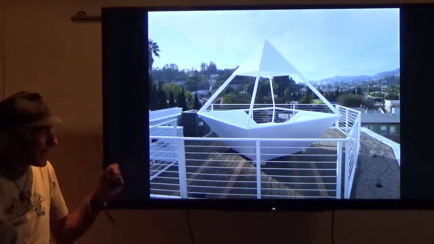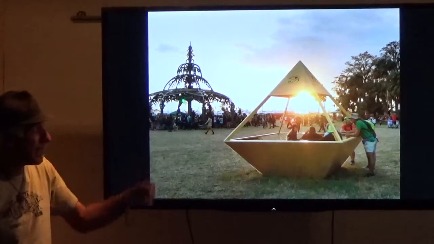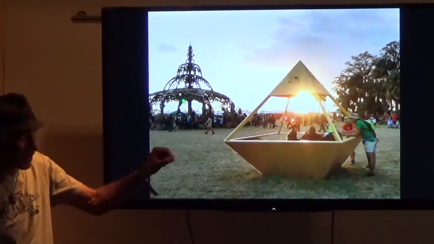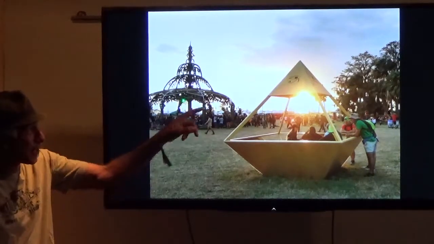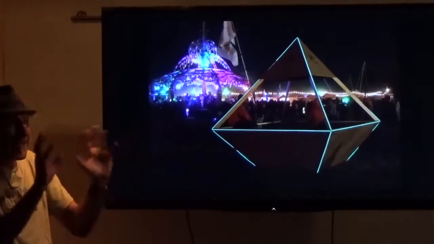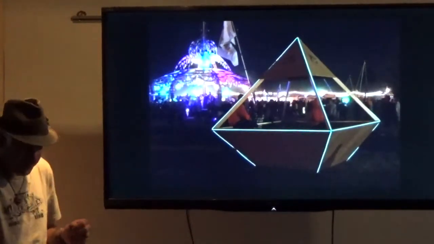And then just last year, I went out to Okeechobee, Florida, to the Okeechobee Festival, and built this one. This is the first time, instead of it just being the white, I made it this gold. It's like a beautiful metallic gold, and I painted the Eye of Horus on top, and it's outlined with EL wire, so at night it just pops as this octahedron.